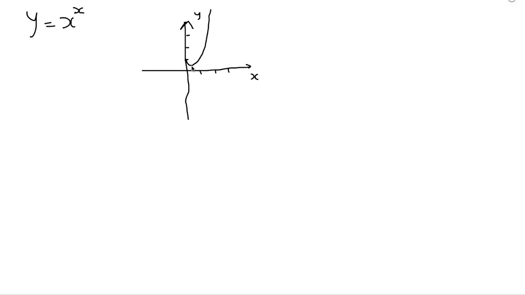Why should this function increase right here when it's decreasing towards 1 or 2 or infinity? Why should it increase suddenly here?